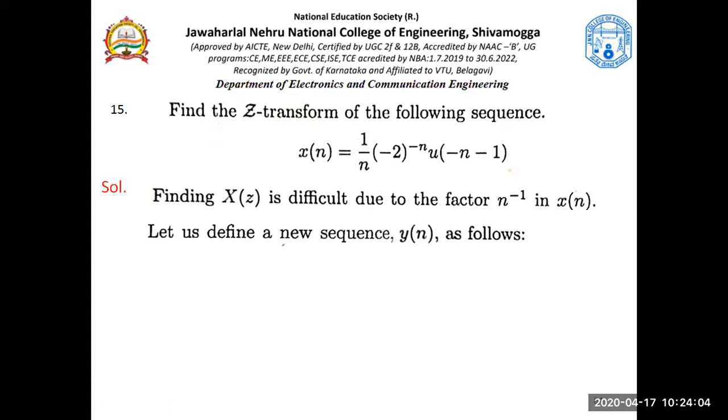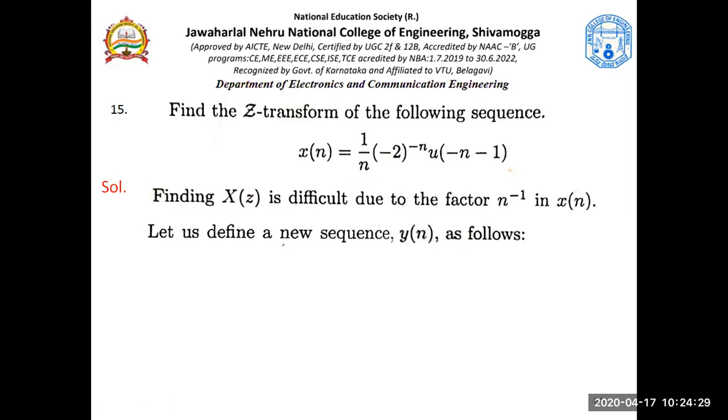How do we do that? Just see, it's very interesting. If 1 by n is there, it's a problem. What if I take n to the left hand side? It would become n x of n. Is n x of n something that you know? We are multiplying n to a signal x of n.